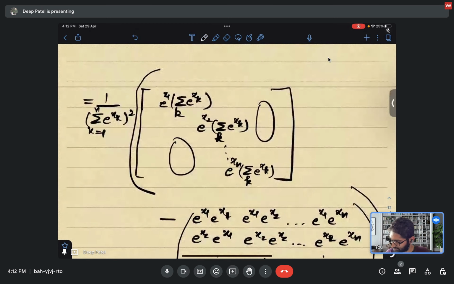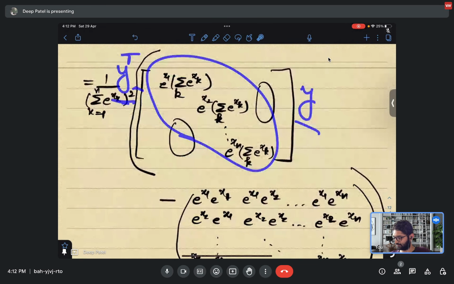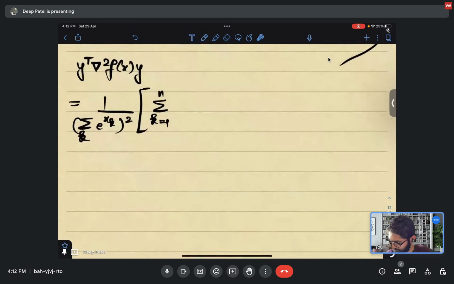Remember that this is a diagonal matrix. When I do a pre and post multiplication with y transpose and y, it's just a summation of these entries, the term-wise products, and then just add them up.